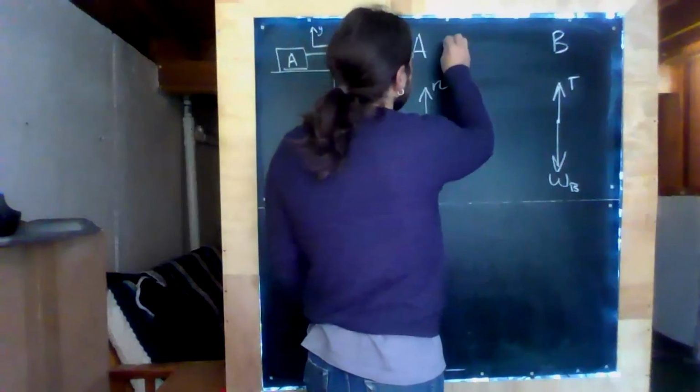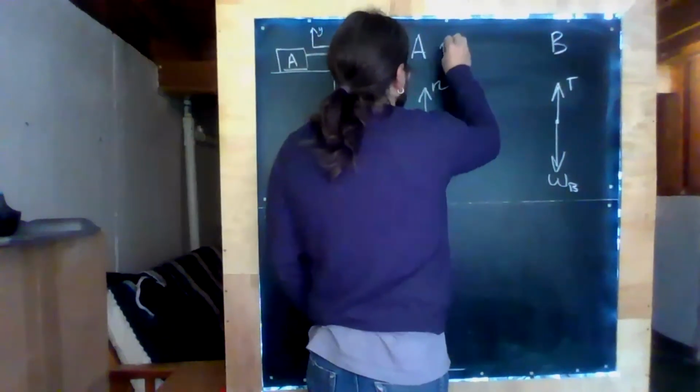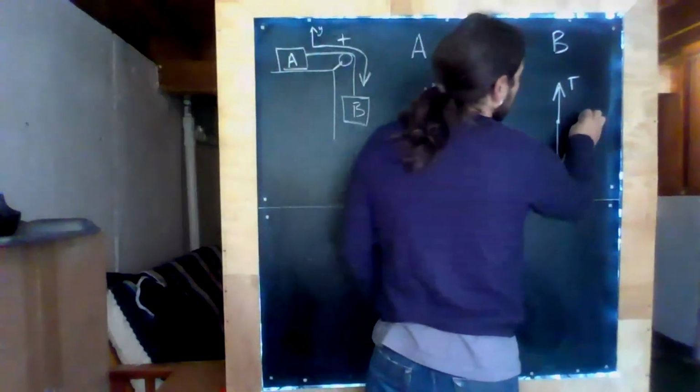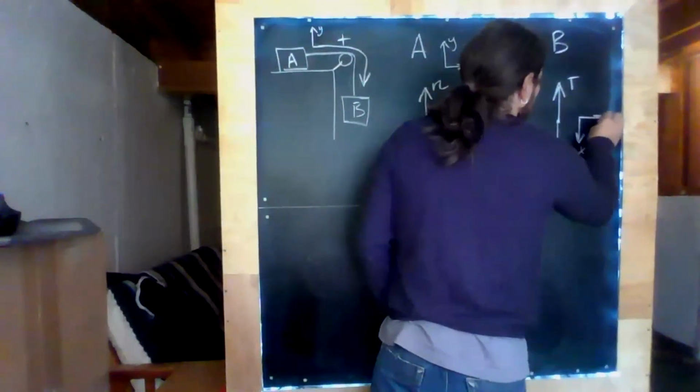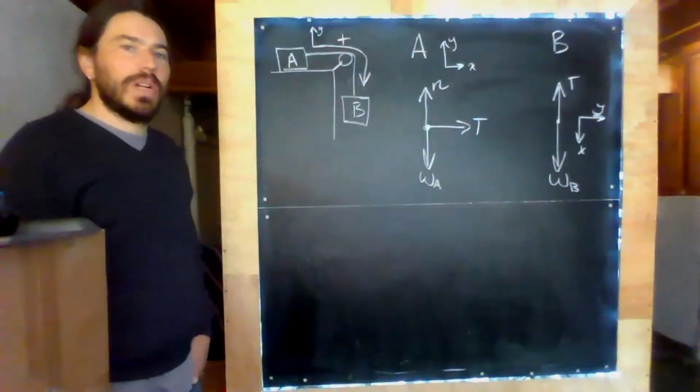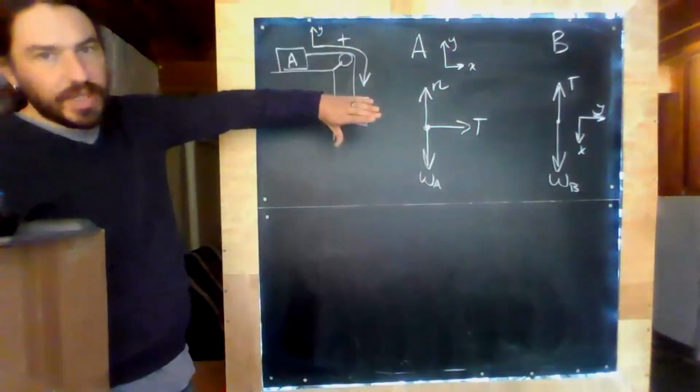To remind us, in the location of block A, we're using X and Y here, and in the location of block B, we're using X and Y. Again, we've wrapped that X coordinate around our string.